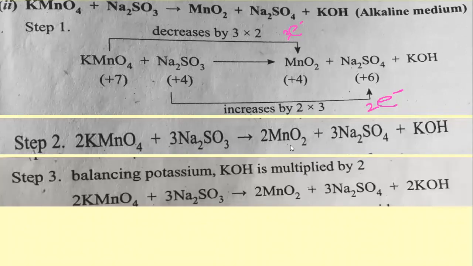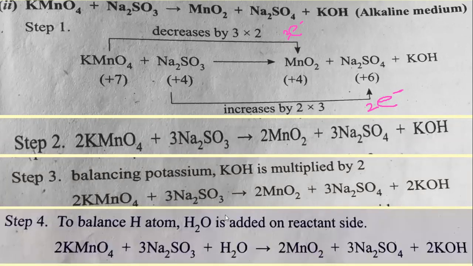Okay, so now in the third step we have to balance the potassium, that is KOH, which is multiplied by 2. Because there will be a lack of 2 potassium from this KMnO4 on comparing, so I have multiplied here with the suitable number 2.